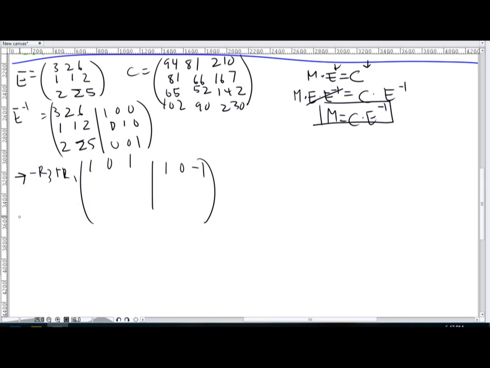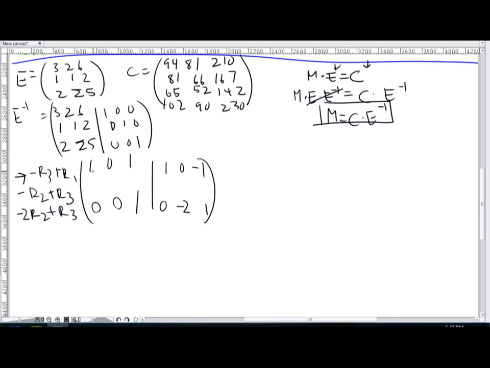Okay, and then I could multiply -2 to R2 and add it to R3, so that these two values could be 0, and then this could be 1. And then the right side would be 0, -2, 1. And then for the middle, I could multiply -1 to R2 and then add it to R3.